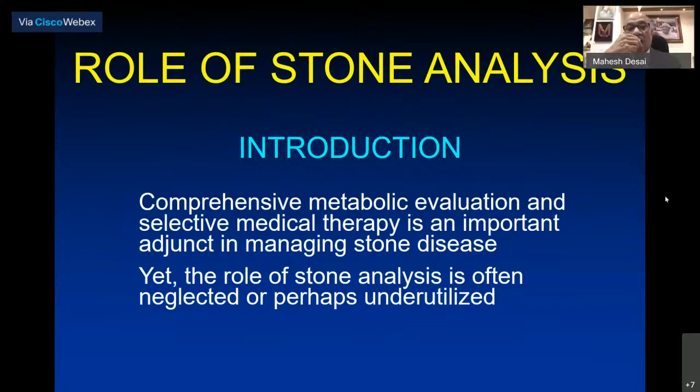So there's no doubt that the role of stone analysis has probably been neglected and underutilized, mainly because comprehensive metabolic evaluation and selective medical therapy has been shown to be important in stone disease.